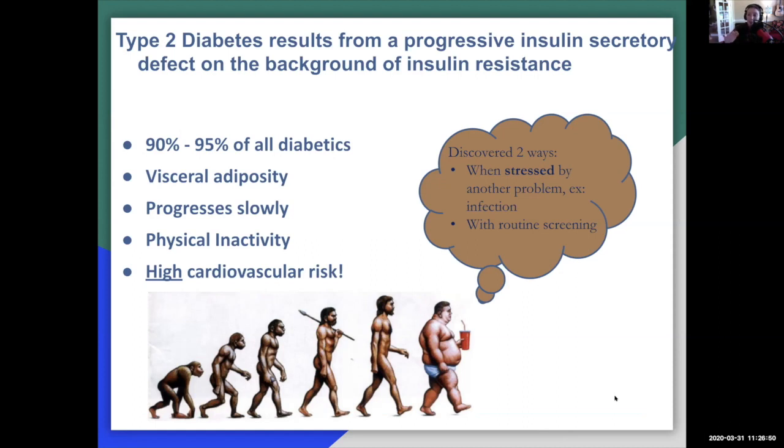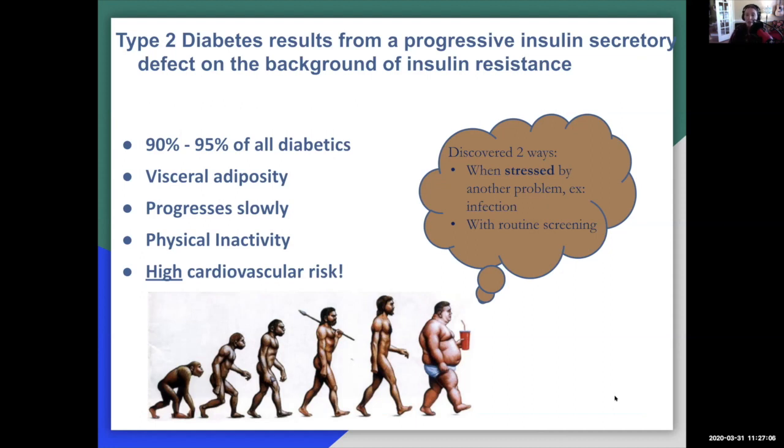And if we were to compare heart disease risk in type 1s versus type 2s, it's the type 2s that have significantly higher cardiovascular disease risk, okay?